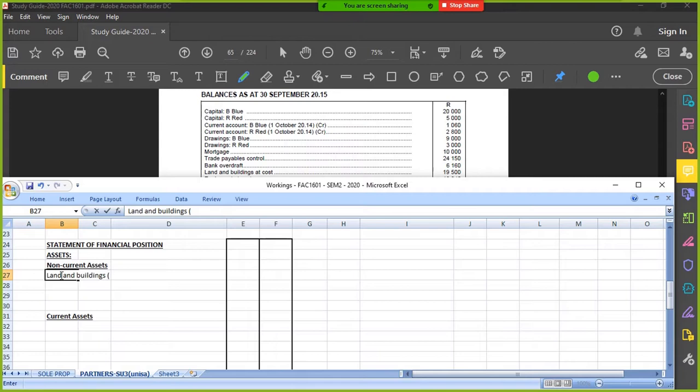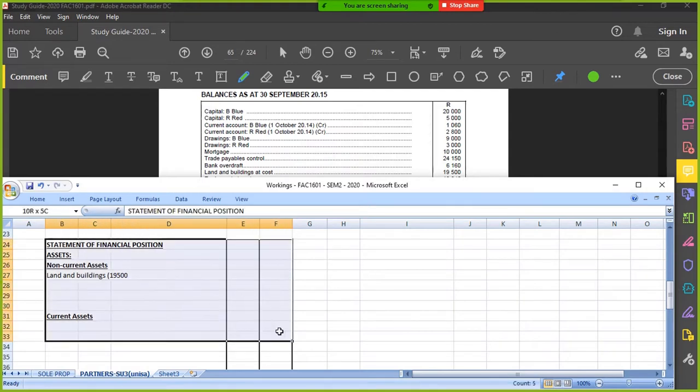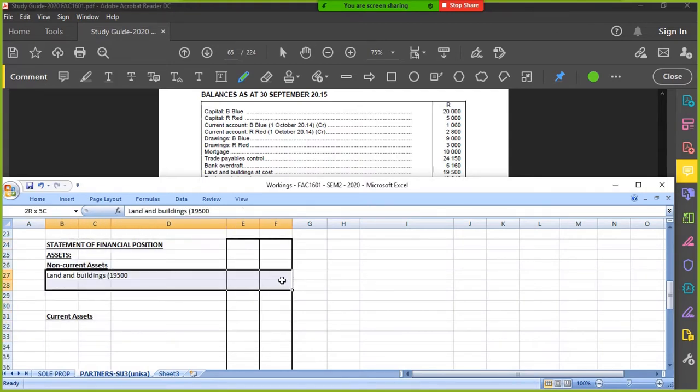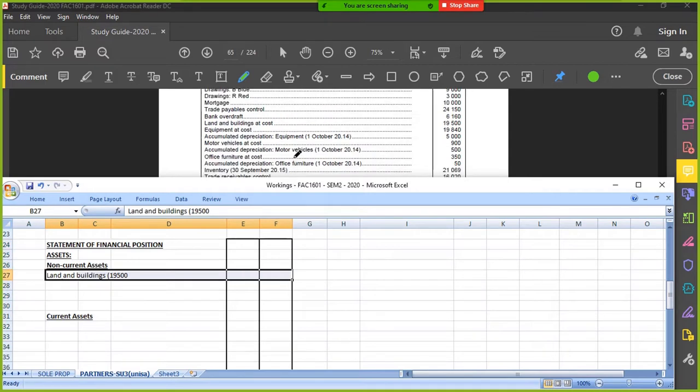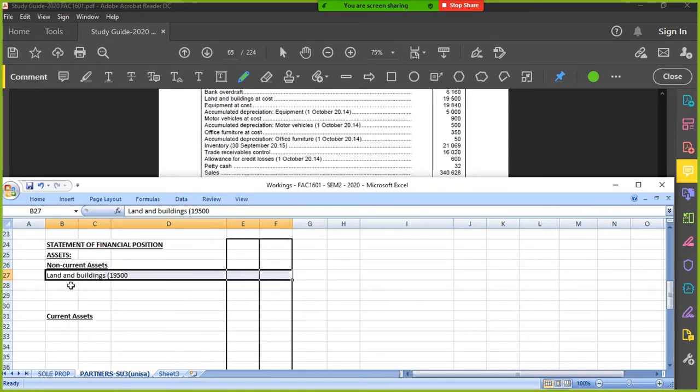In brackets, 19,500. The reason why I'm showing it on the face is that in past papers, they don't often ask for notes. You're not going to have to draw up a PPE note. If they do, it'll be a separate question on its own. They normally ask you to draw up those statements, so it's better to show them separately. Equipment at cost, same thing. Easy one.